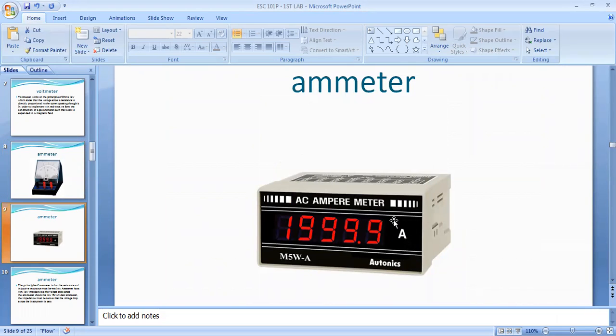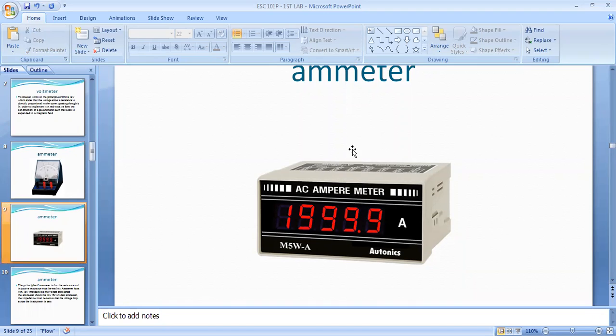Also on the back side of this digital meter, the specifications are written on the identification plate. If you read that plate, you can easily identify that this is the ammeter, and whether it is for AC or DC.